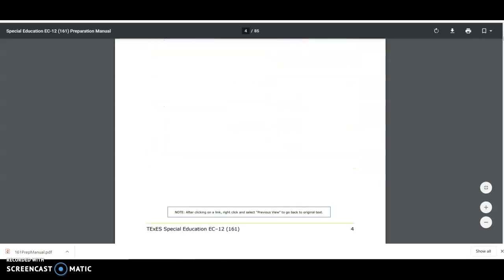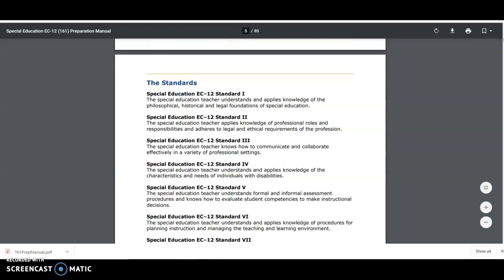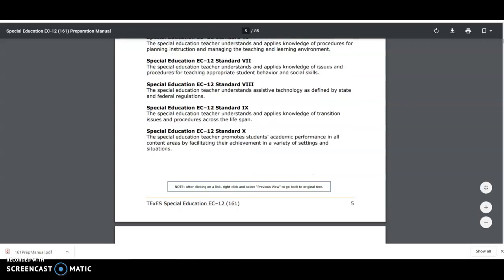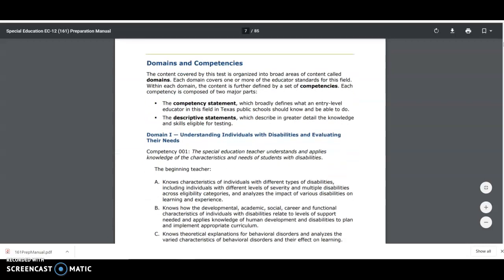So I will have a link to this particular PDF that you can access through TEA for you to look over so that you can become familiar with the standards. You can look at the domains. You can look at those teaching competencies. And then each week I'll post some questions that fall under each domain and competency.